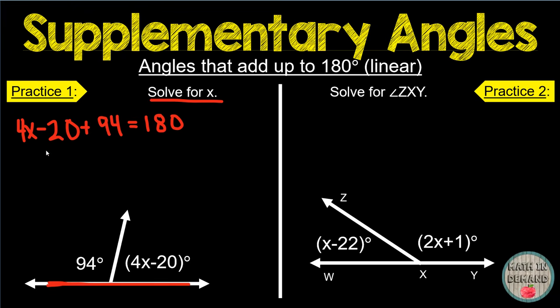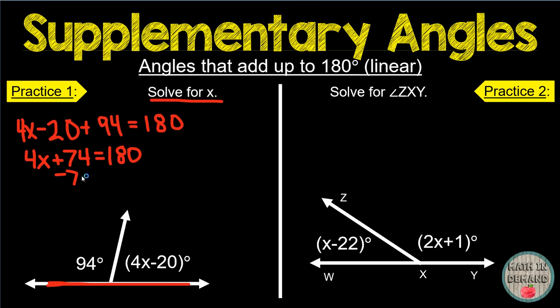Now, negative 20 and positive 94 are both constants, so those can combine. But before I do that, I'm going to bring down 4x. So 4x, negative 20 and positive 94, like I said, combine. And this will give me 74 equals 180. And then this becomes a two-step equation.